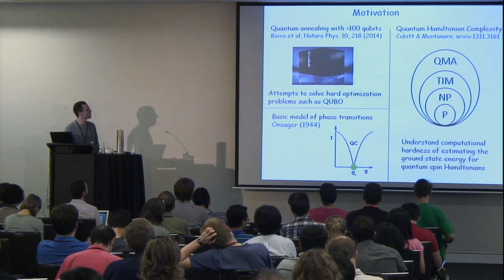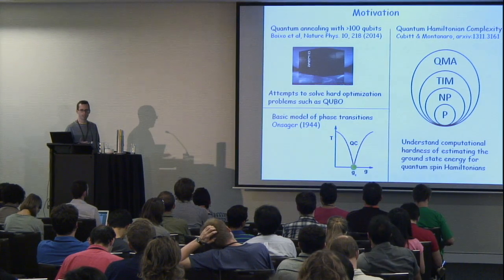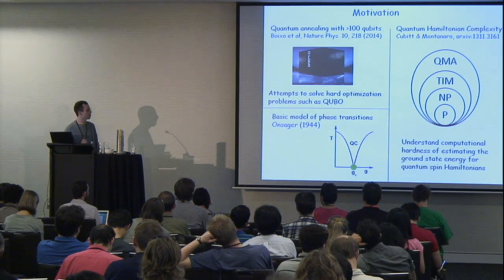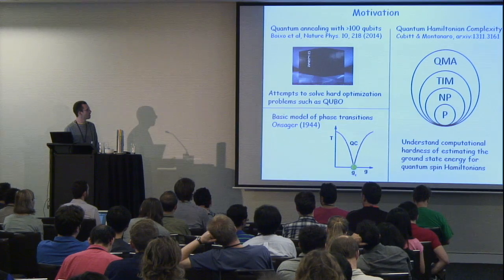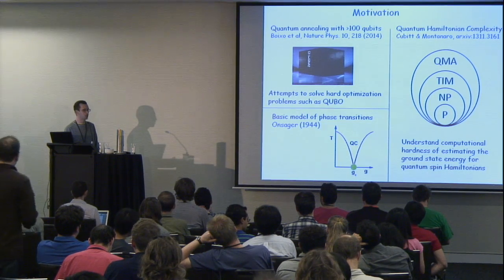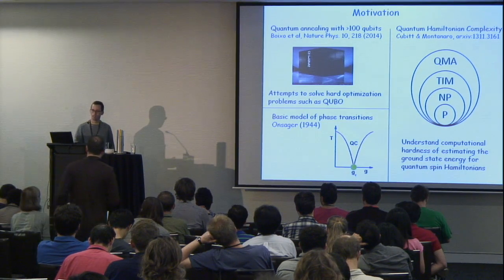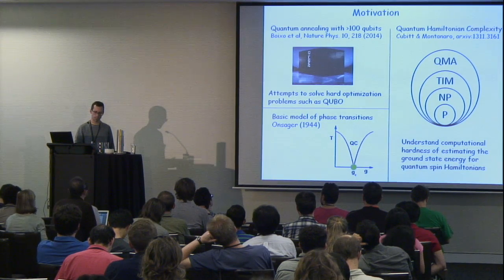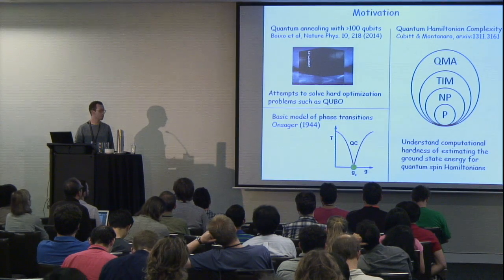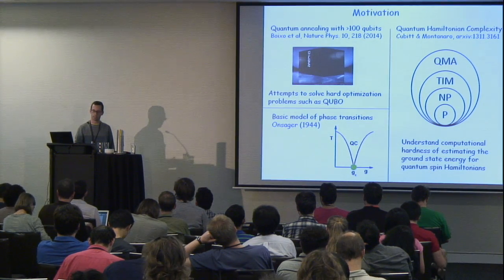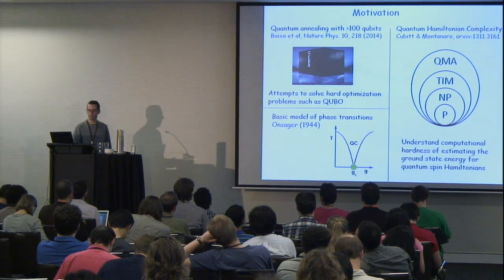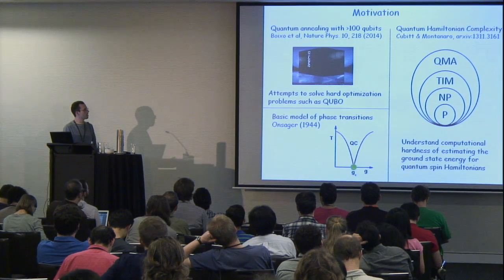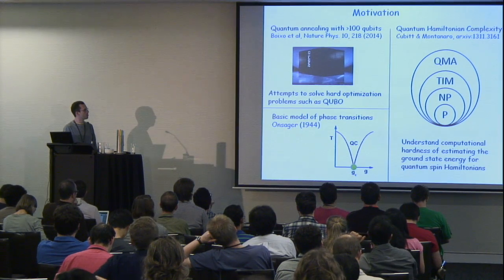D-Wave, as many people know, has built a device which, if you ignore noise, and that's a big if, implements quantum annealing using the transverse Ising model. So it's interesting to ask the question: can we mathematically rigorously understand the performance of such an ideal quantum annealing device?